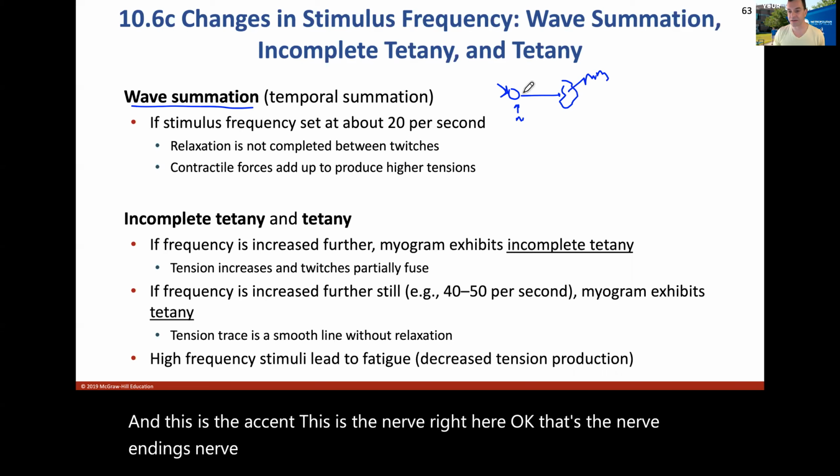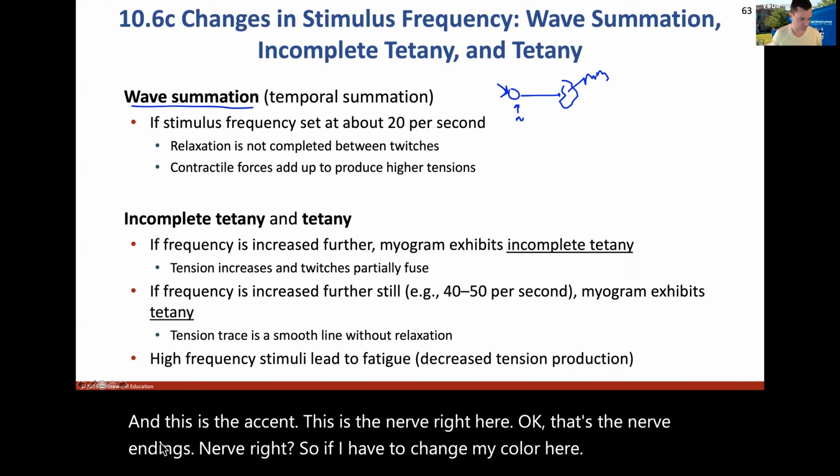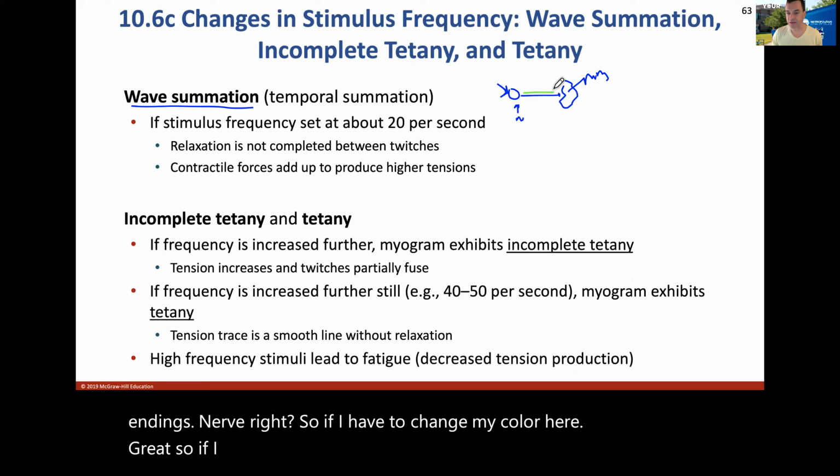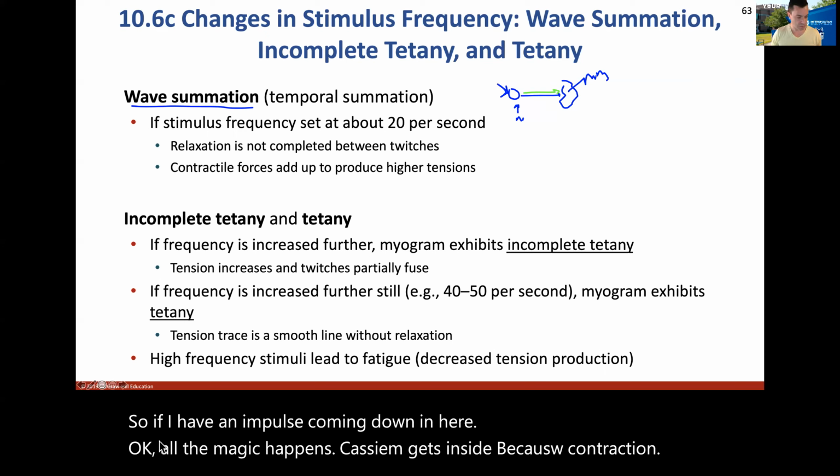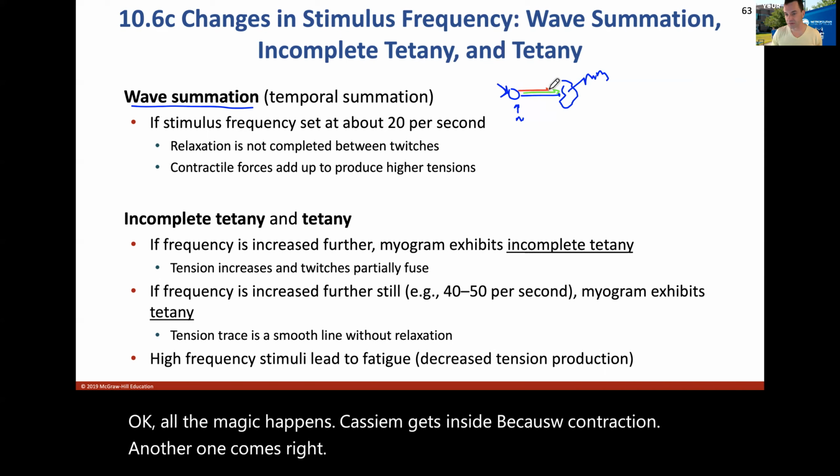So if I have an impulse coming down in here, all the magic happens, calcium gets inside, we cause contraction. Another one comes right after it.